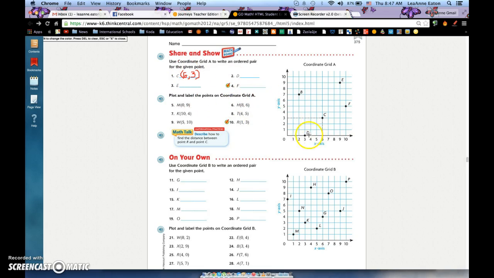Right, number 2, D. Here's D. Stepan, can you please tell us what is the ordered pair for D? You should have said 3, comma, 0. 3, 0. We know that it's going to be 0 because it's on the x-axis, so y has to be 0.